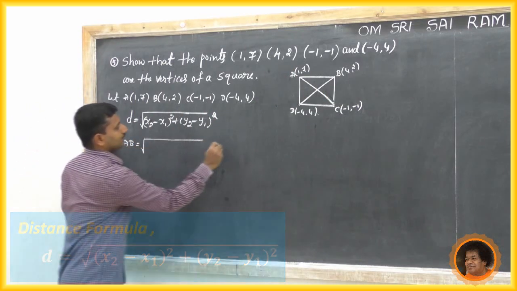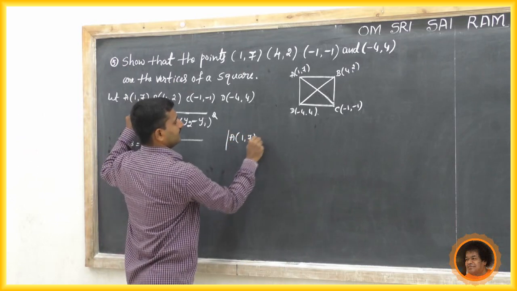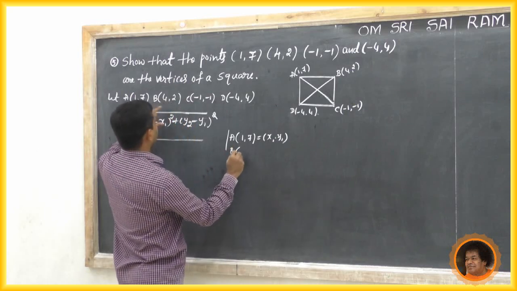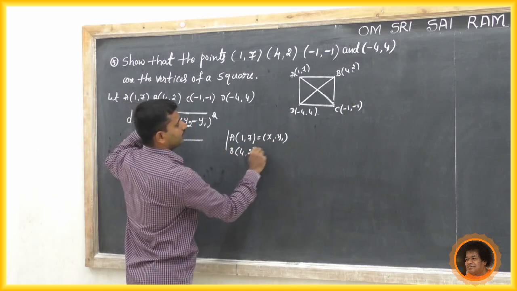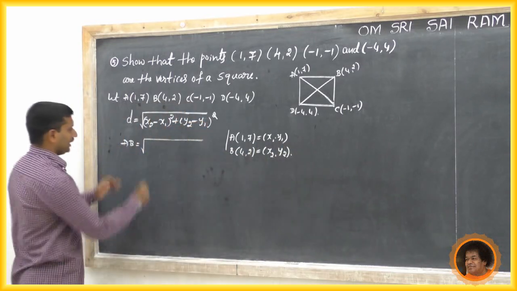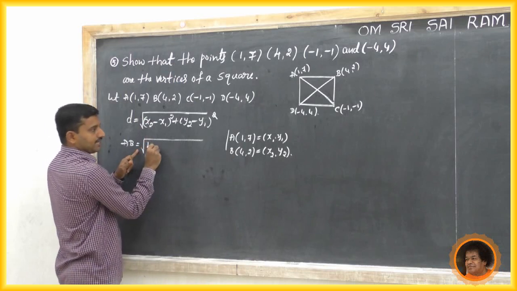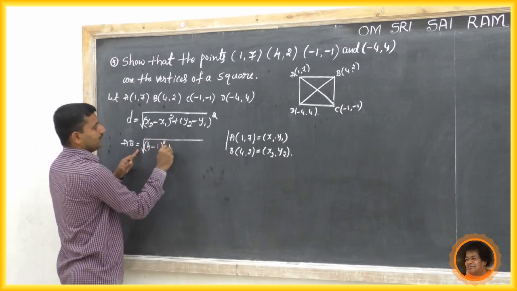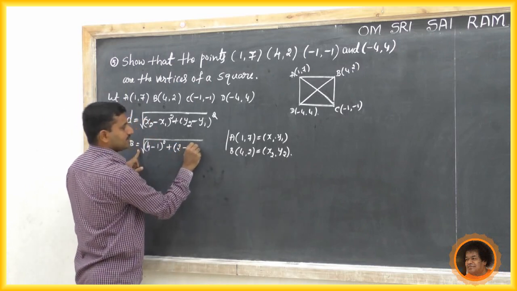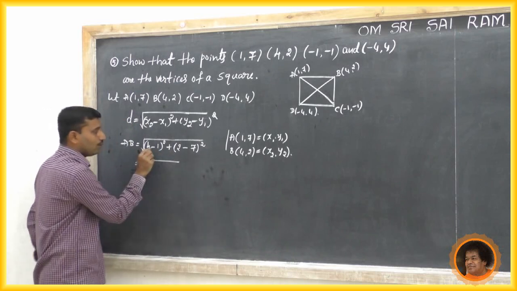The coordinates of the point A (1, 7) are x1, y1, and the coordinates of the point B (4, 2) are x2, y2. Now substitute the values: (4 minus 1) whole square plus (2 minus 7) whole square. So equal to square root of 4 minus 1.